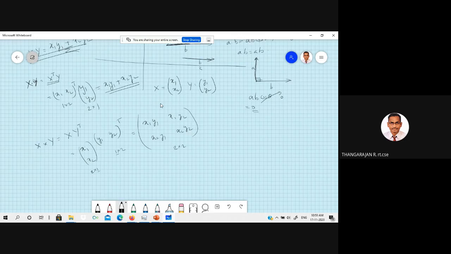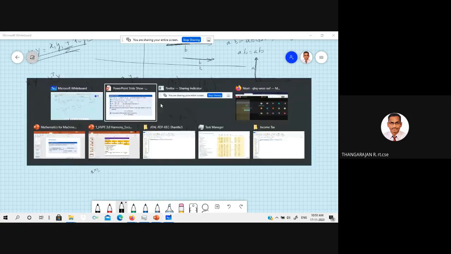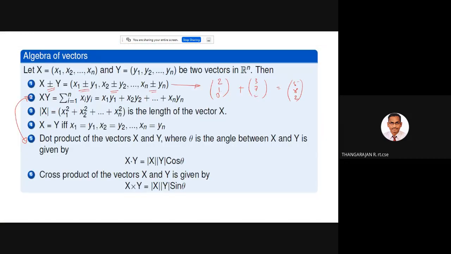When you do a dot product between two vectors, you get a real number or a scalar as output. So these are the different interpretations of the product between two vectors. We have seen how vectors are added, how vectors are multiplied in a dot product and in a cross product, how vectors are equal, and how you find the norm of a vector.